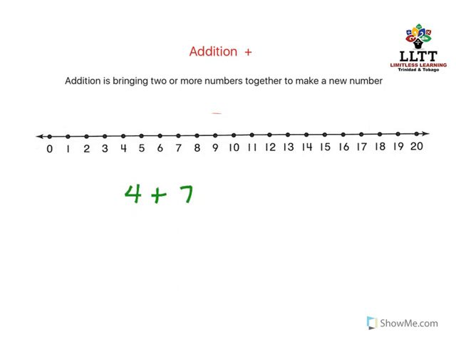I am going to start at the number 4, putting a green dot there, and then I'm going to add 7 to it, which means I move 7 places to the right: 1, 2, 3, 4, 5, 6, 7. I end up at the number 11. So 4 plus 7 is 11.